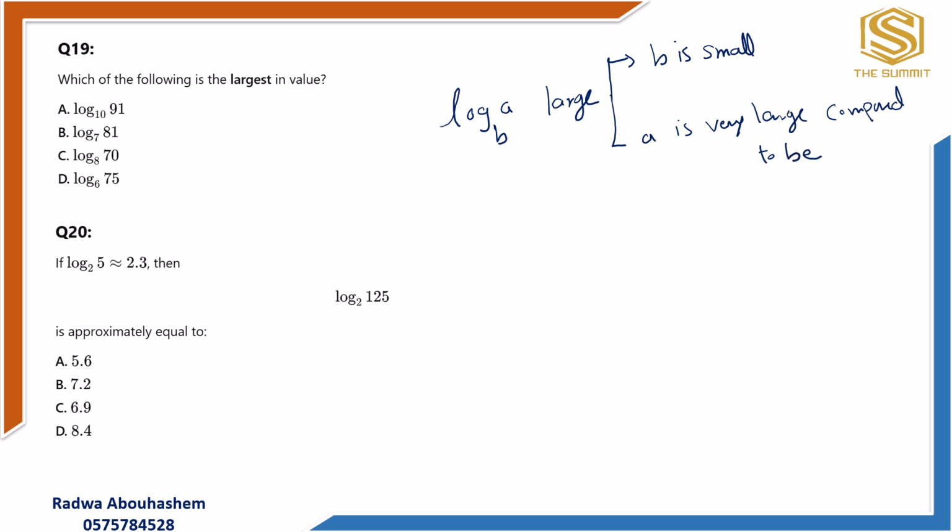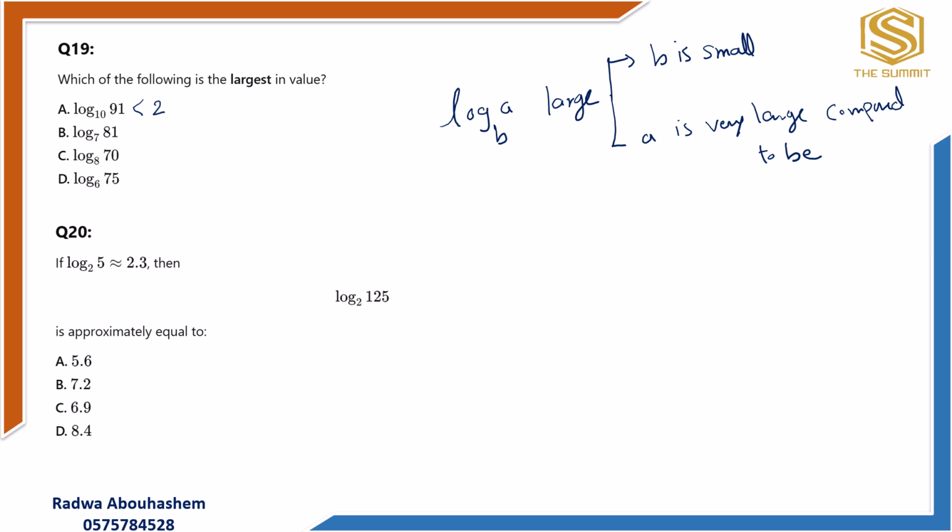Okay, so let me see here. Log 91 to the base of 10. 10 power 1 is 10, and 10 power 2 is 100. So if I'm taking the log, this will be smaller than 2. And for the other choices, let me check.